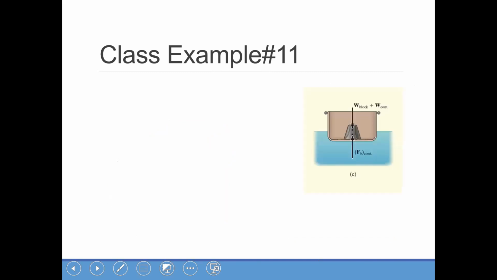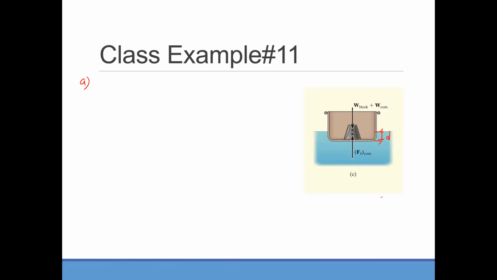So let's start working on part A, where we have to find this D. Okay, and this is the free body diagram. You can see that the buoyancy force is going upward, and since we have two objects here, the block and the container, obviously there will be two weights: the weight of the block and the weight of the container.